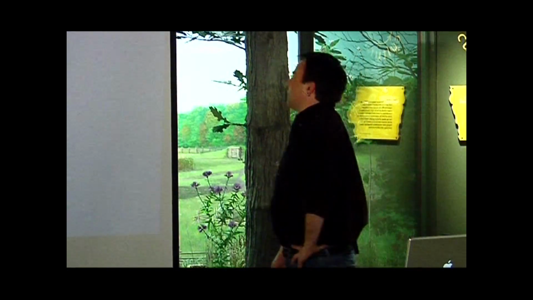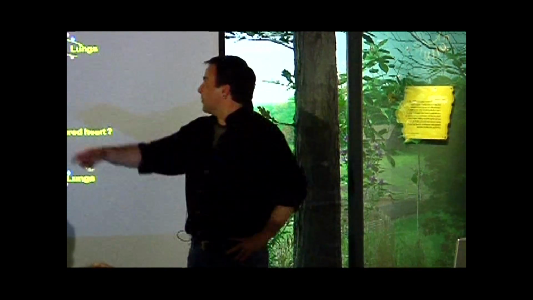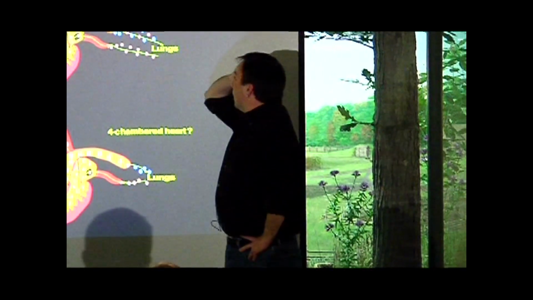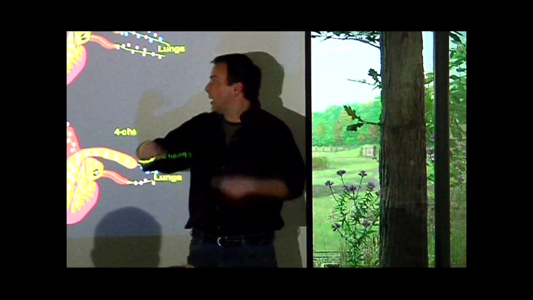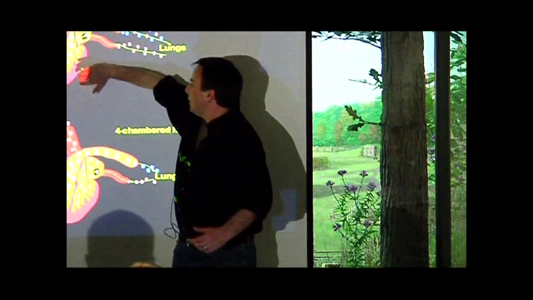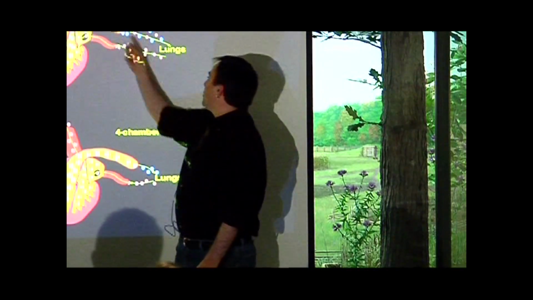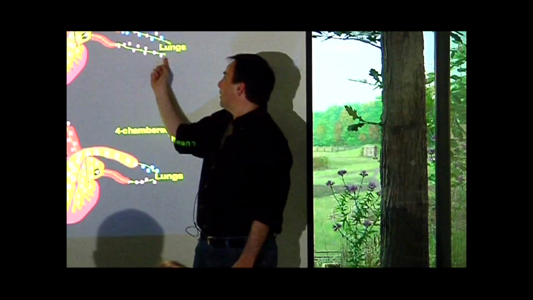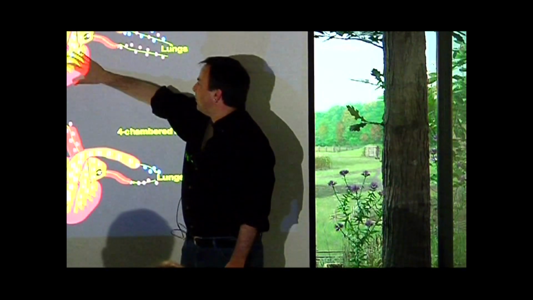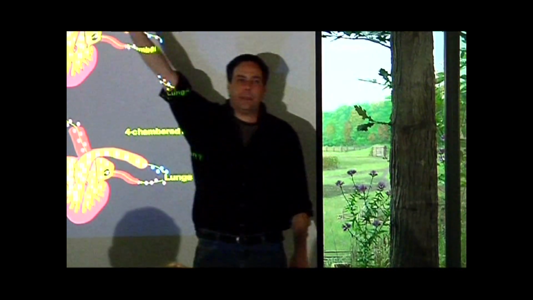Most living reptiles, most snakes, lizards, and turtles, have a three-chambered heart. So the blood comes in from the body after it's delivered its oxygen, comes into this atrium. It gets pumped into a ventricle here. The ventricle then pushes it to the lungs where it picks up oxygen, back to the heart here, into this atrium, pumped into the ventricle, and then sent to the body.